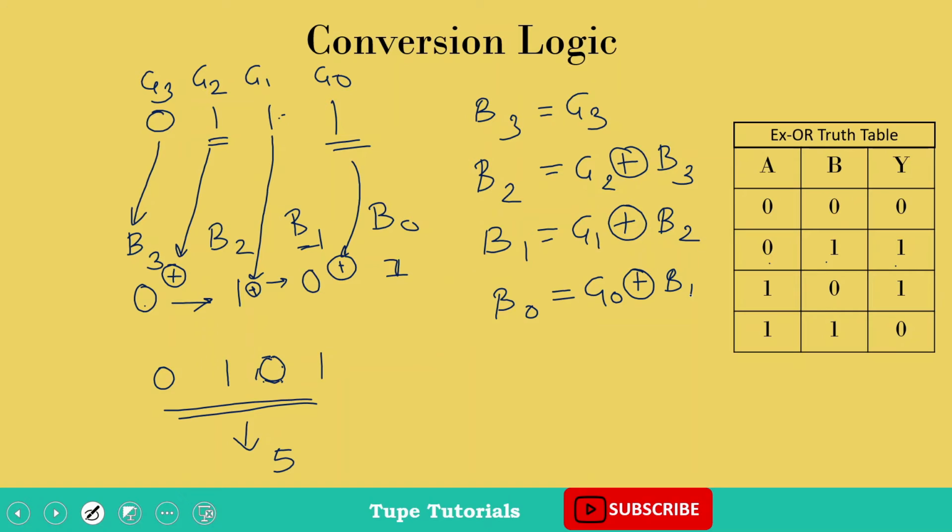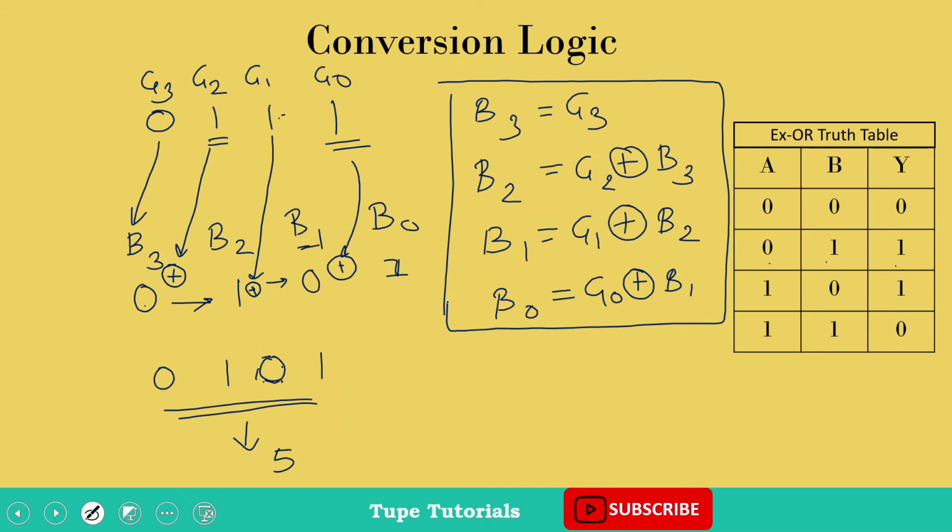So let the number be 4 bit or 3 bit, the logic we have to implement is that the MSB of the binary will be the same as the MSB of the gray code, and then for the next bit we will take the current gray code bit and the previous binary bit and XOR it. So for any number of bits, we have to use the same logic. Start from MSB and then move one by one ahead.